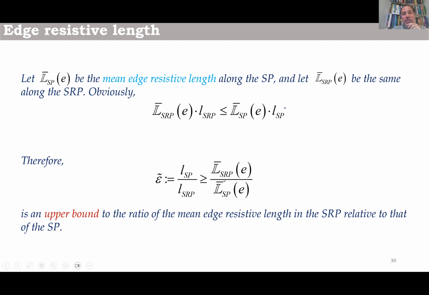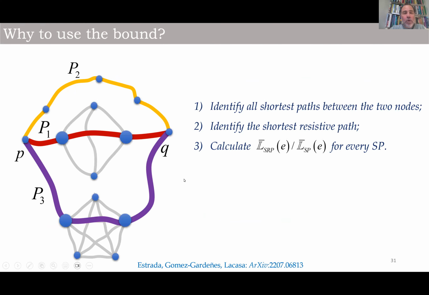So what I am expressing is that the ratio of the average of the shorter resistive path to the average resistive path in the shortest path is upper bounded by the length, in terms of the number of edges, of the shortest path with respect to the length, in terms of number of edges, of the shorter resistive path. Immediately you will see why this is important, but let me show you an example.